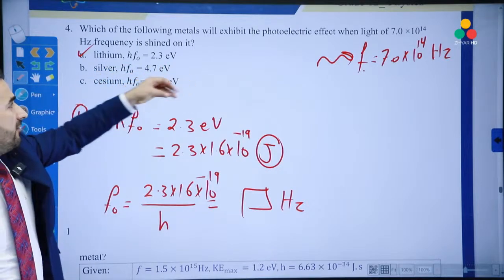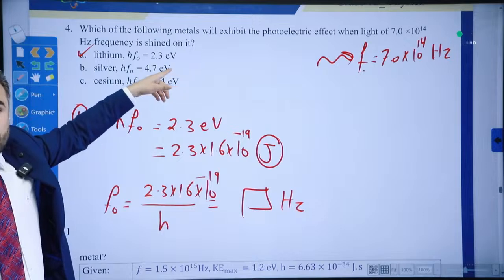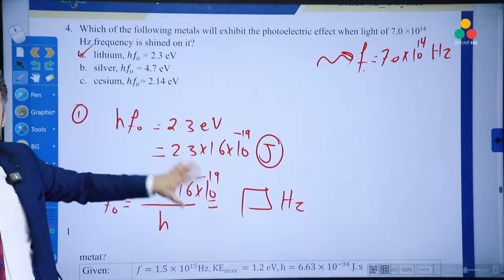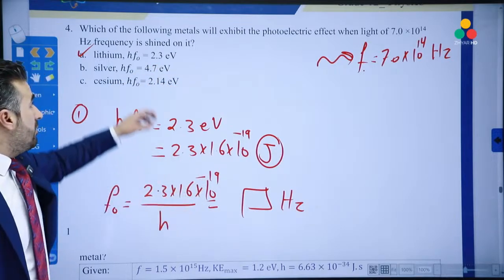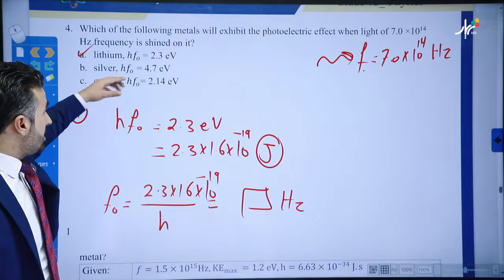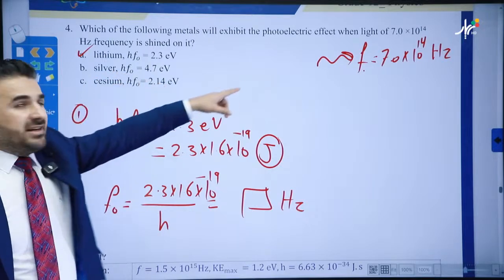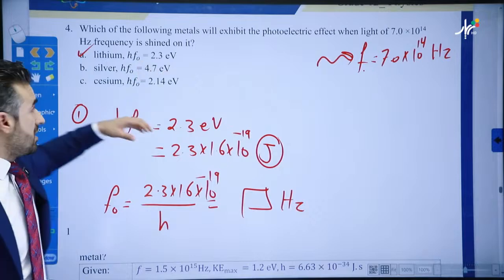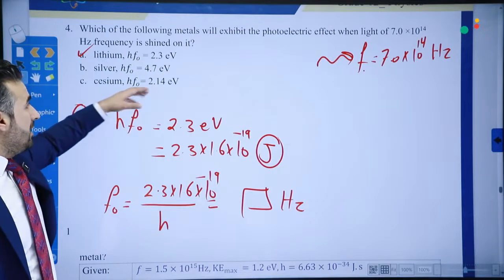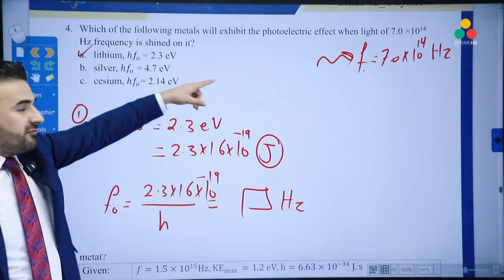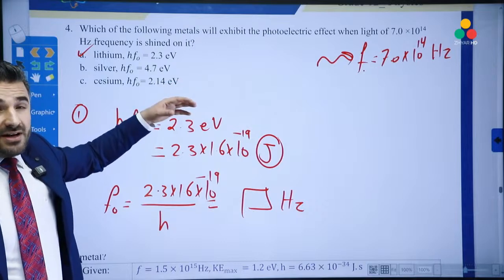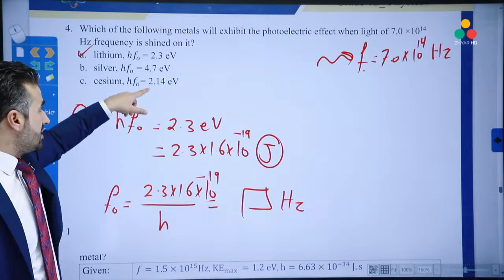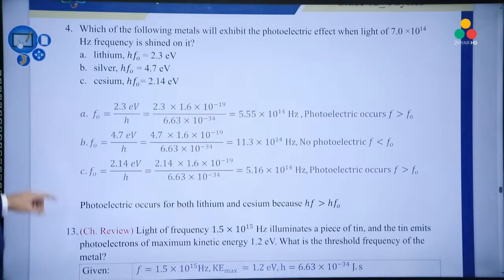After converting this one to joules, you'll find the threshold frequency using the same procedure. You'll find out that the threshold frequency is bigger than the incident frequency. That means electrons will not be ejected from silver surface. What about cesium here? You'll find out that the incident frequency is bigger than the threshold frequency. Then, of course, electrons will be ejected here.